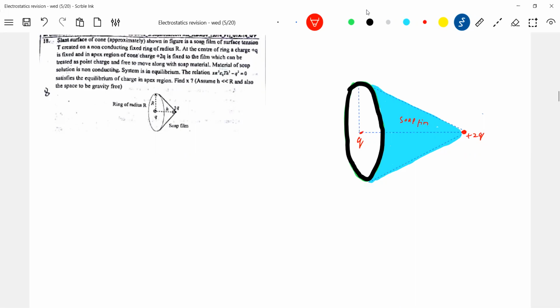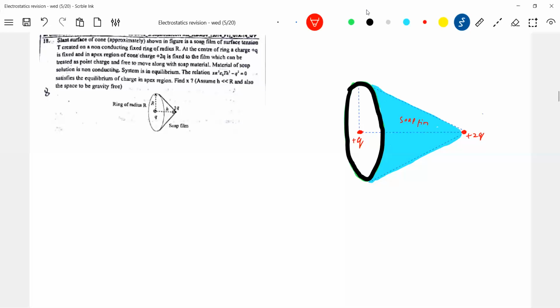The slant face of the cone will be the soap film. And the point charge Q will be attached to the ring. That particular thing is not shown. This point charge Q will be attached to the ring, that is not being displayed here.